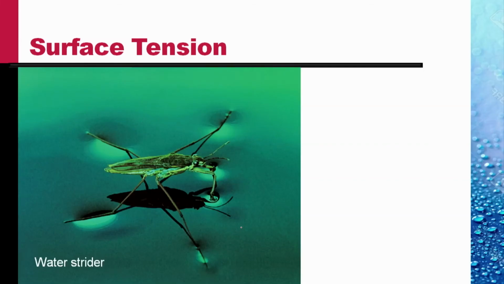You might have seen little insects which seem to be walking on water. Here is an insect known as a water strider, which is walking on the surface of water without sinking. How is that achieved?